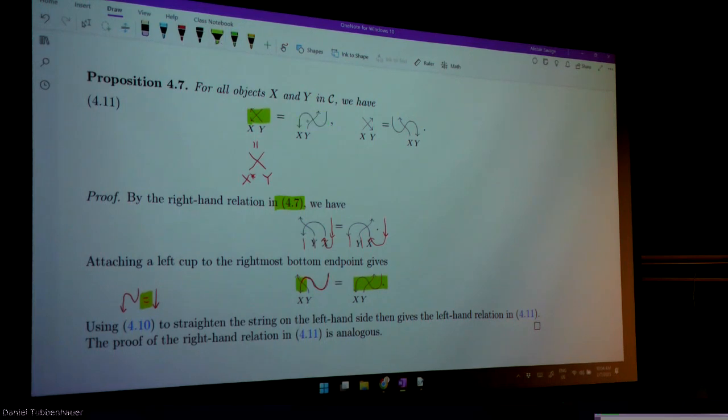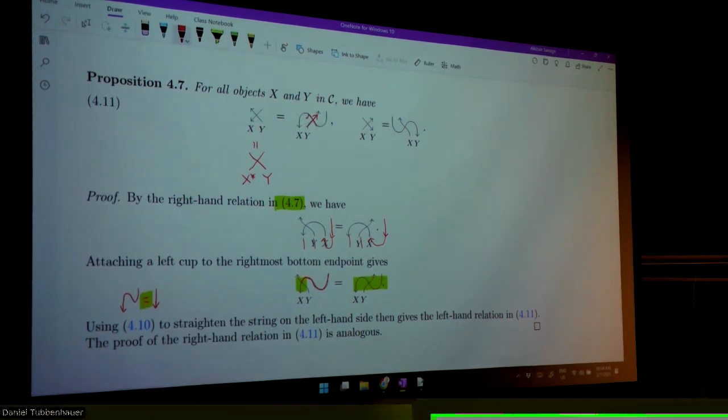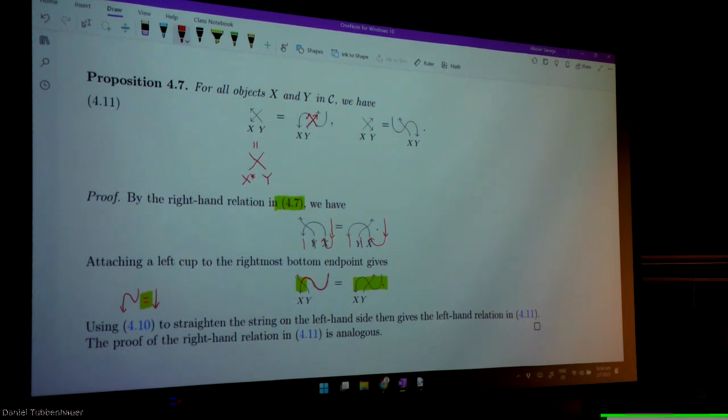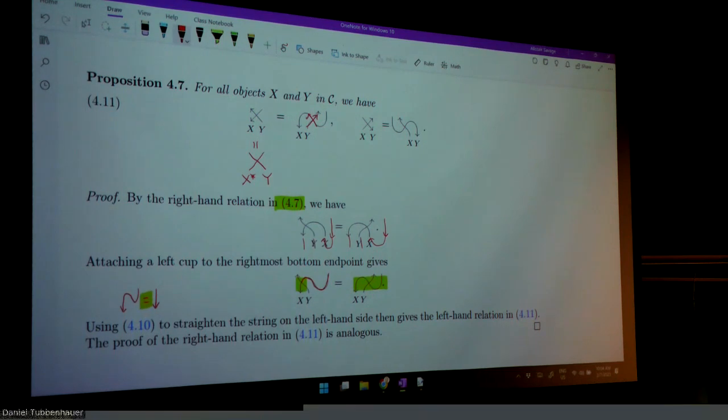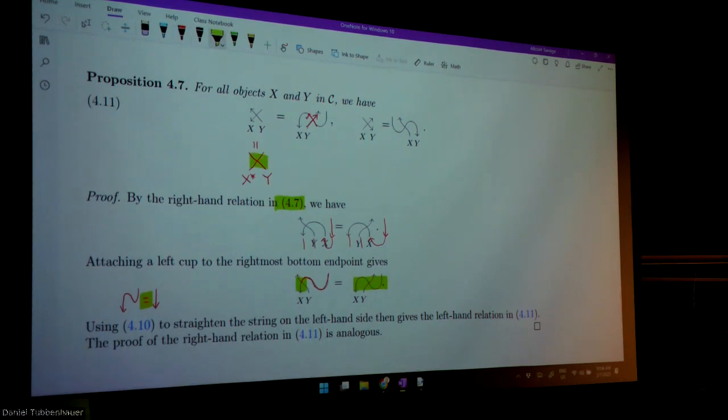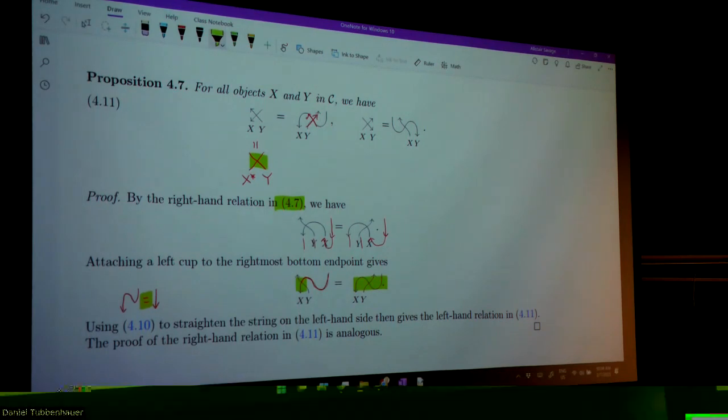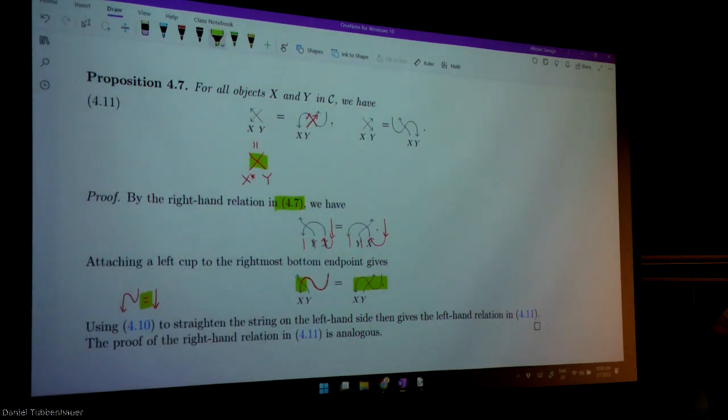So what this tells us is that if we have the crossing between X and Y, then we can use the duality data just to rotate it, and that gives us the crossing between X dual and Y. This will be important later when we want to build some universal category. We don't need to throw in all this and get crossings for the other objects.